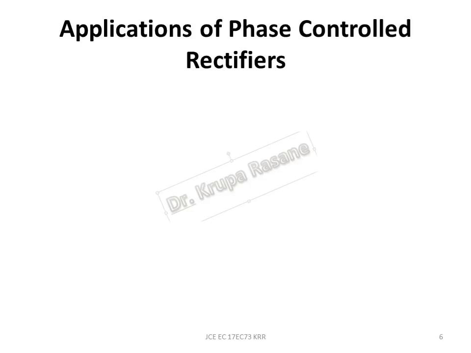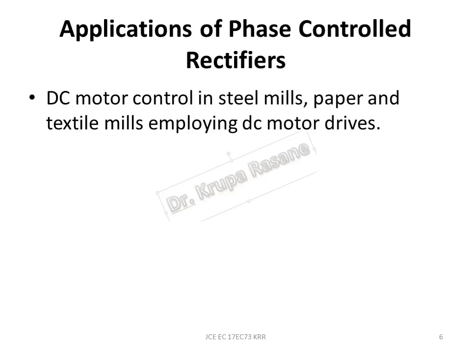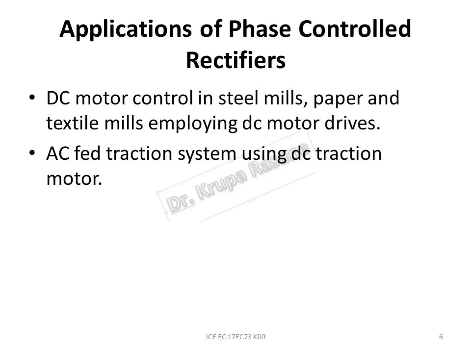Looking briefly into the applications of phase controlled rectifiers: DC motor control in AC mills, paper and textile mills employ DC motor drives, and wherever the input required is DC, we can use a controlled rectifier to control the speed of the motor. Same thing with AC fed traction systems using DC traction motors.